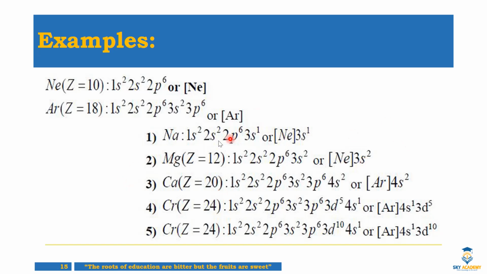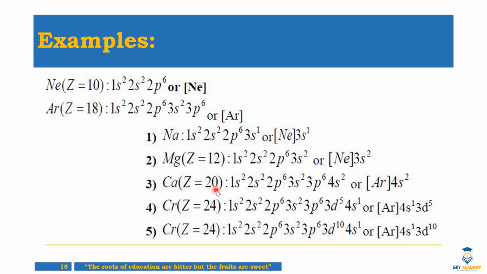Simply, you write the expanded notation, and then you find the noble gas which falls in that electron configuration, and then you put it in a bracket as the core, and then you write the remaining electrons like this. 2 plus 6 is 10 electrons, it is neon, so you write neon, and then the remaining electrons are 3s2.